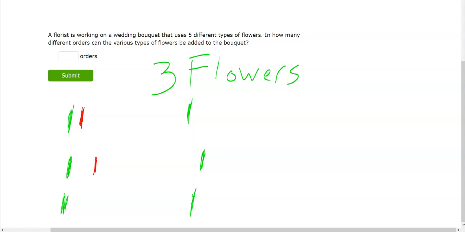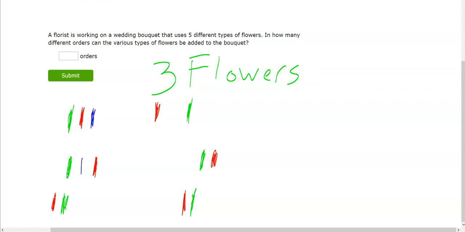Red's over here for this one. And then red will be first for this one, and red will be here, and red will be here.